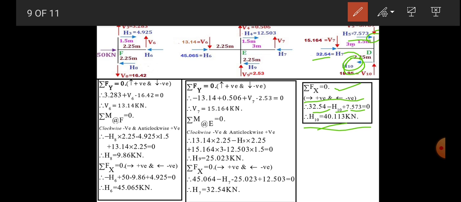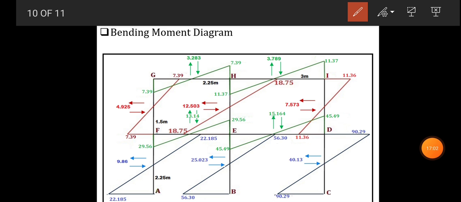By simplifying, we will get H10 is equal to 40.113. So we have all forces which are in the members of a particular joint, that means joint F, E and D. Next one is the bending moment diagram.